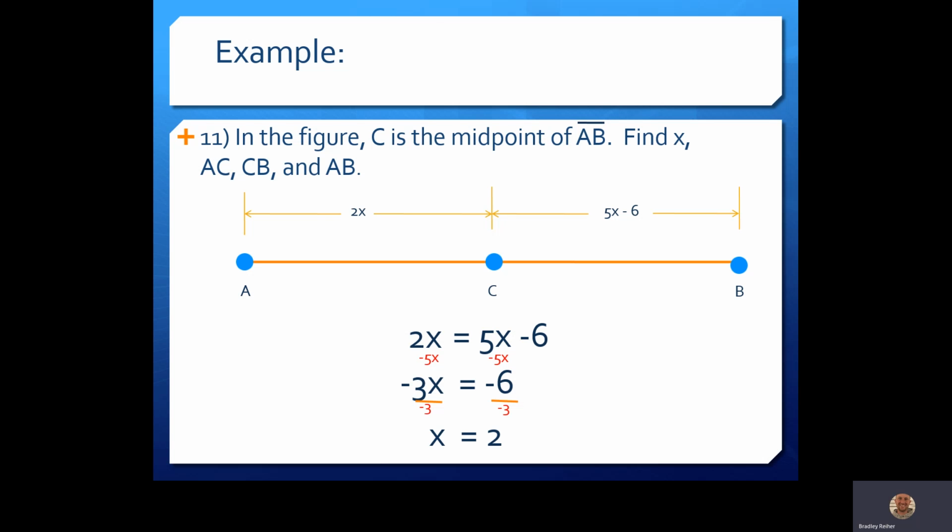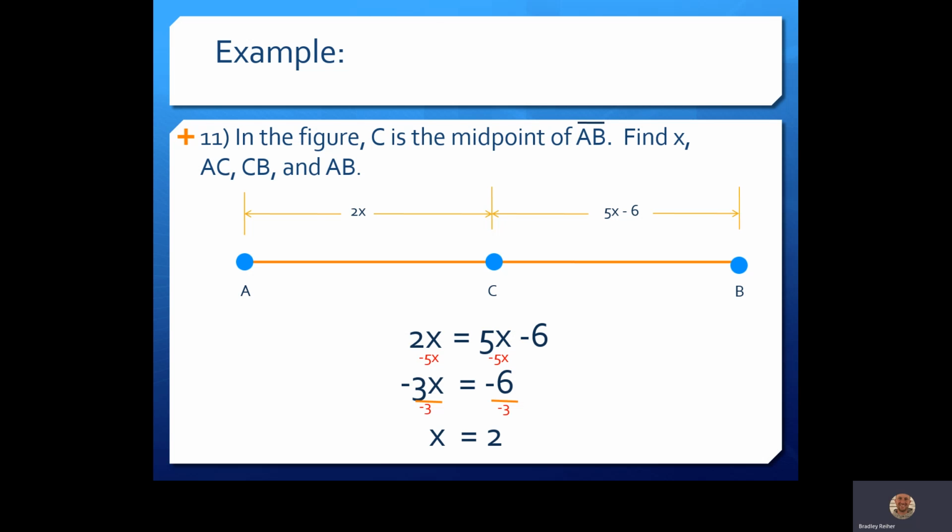Keep in mind they ask you to find 4 things. Well, we know that x is 2. So on your notes, if you're following along, put a 2 beside the x. We need to find how far it is from A to C. We know that's 2 times the x value, and the x value is 2. 2 times 2 is 4.